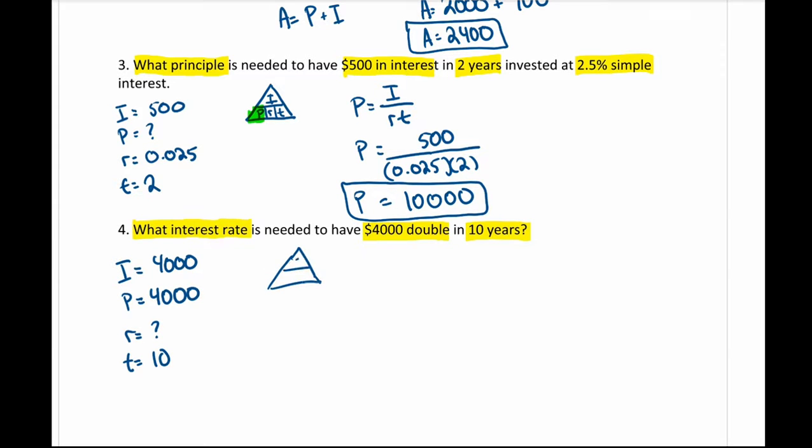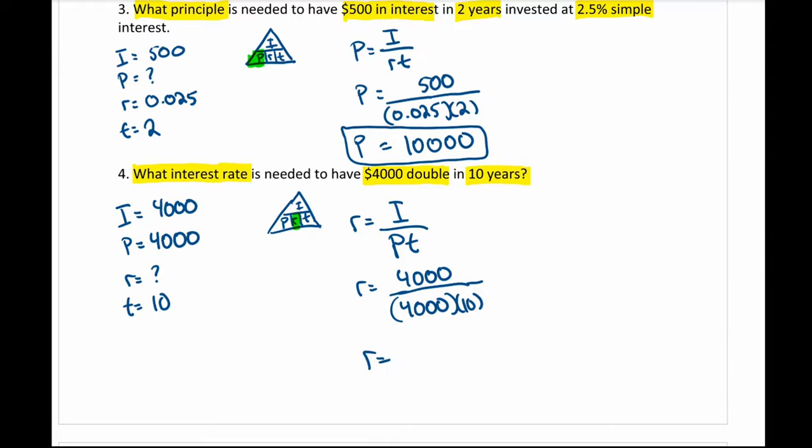Because I'm looking for R, I'm going to use my magic triangle. If I cover up R in the middle, that means that R equals, left with I over, and we see P and T on the bottom, so I divided by P times T. So R equals 4,000 divided by 4,000 times 10.